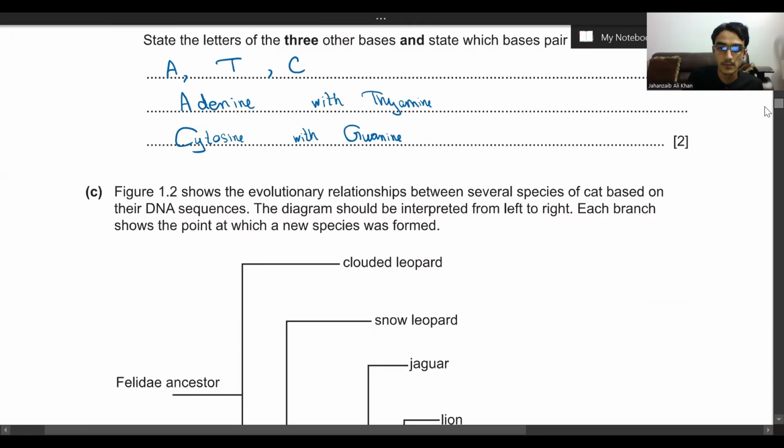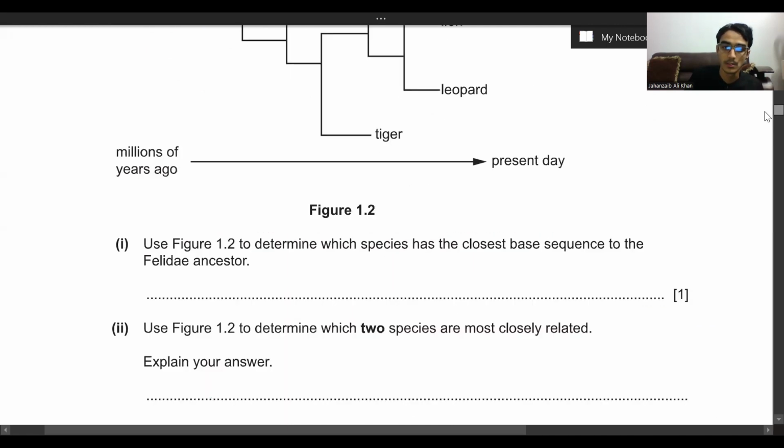This is the evolutionary relationship between several species of cat, with base sequences interpreted from left to right. Each branch shows the point at which a new species was formed. We have to determine which species has the closest base sequence to the Felidae ancestor. This is very simple.